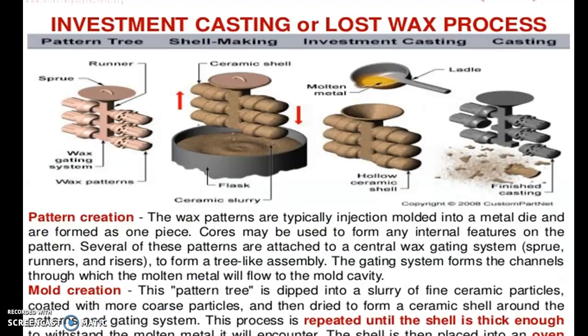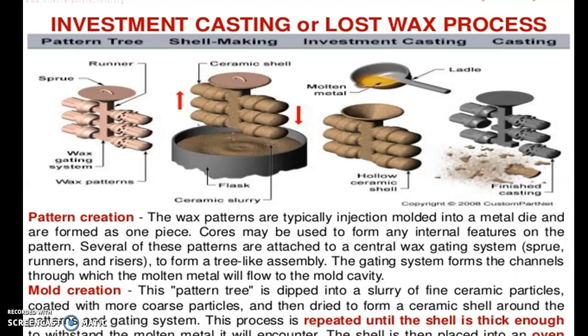Let us discuss another casting process, which is, you can say, the most costly casting process that we use, and the name is investment casting. Let us discuss the points mentioned for investment casting.